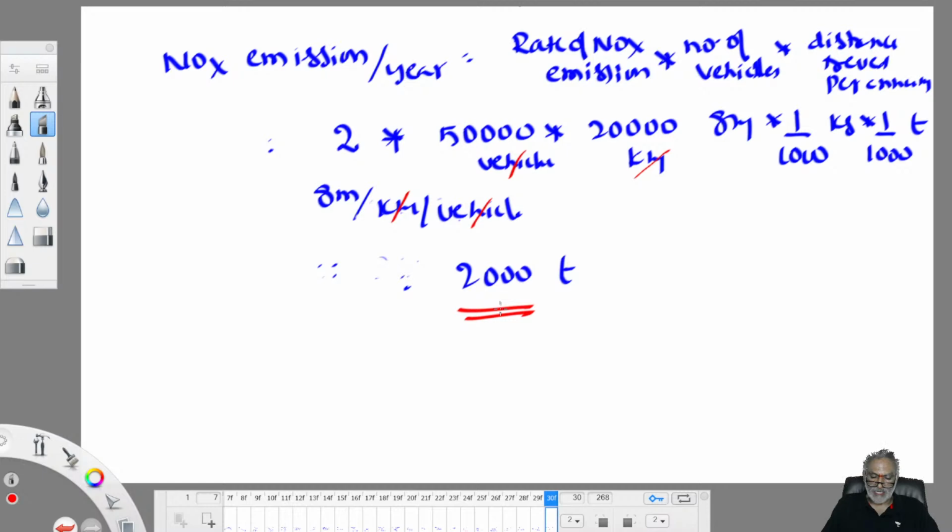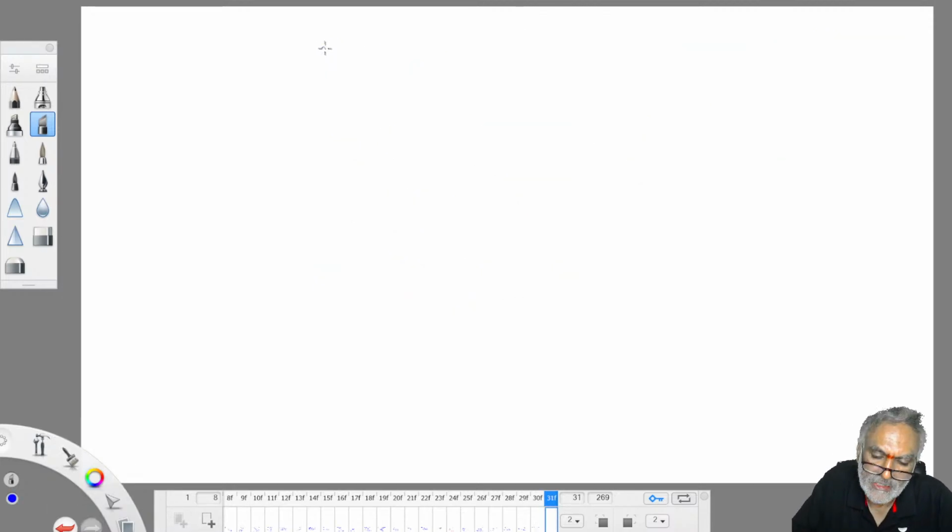So these are the major air pollutants of concern. This is the first part of air pollution. The second part of air pollution deals with the atmosphere. It is called meteorology.